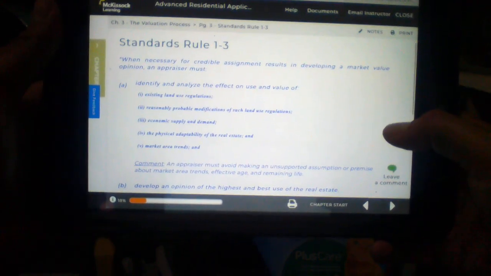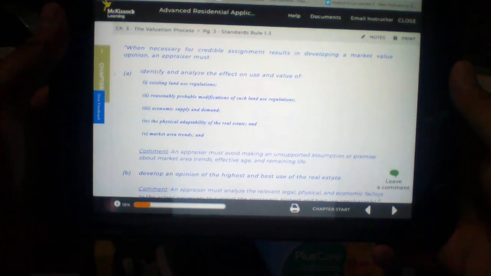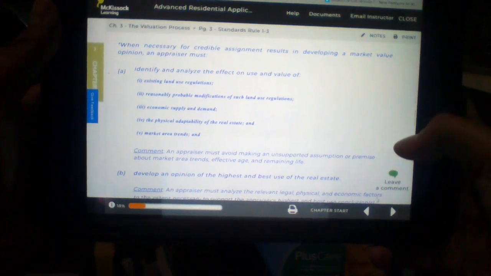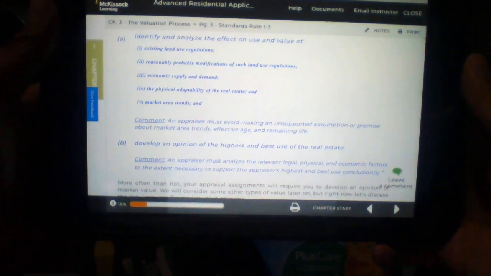Page 3, Standards Rule 1-3. When necessary for credible assignment results in developing a market value opinion, an appraiser must A. Identify and analyze the effect on use and value of Roman numeral 1, existing land use regulations.